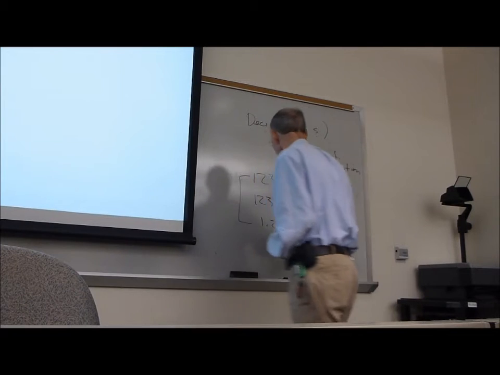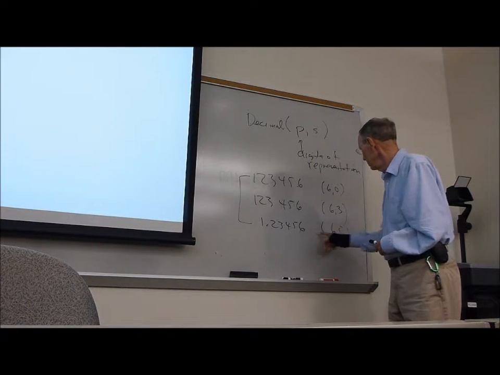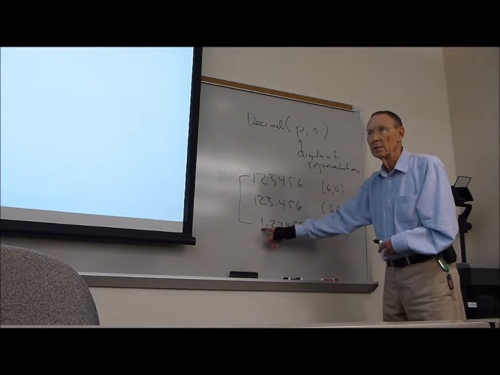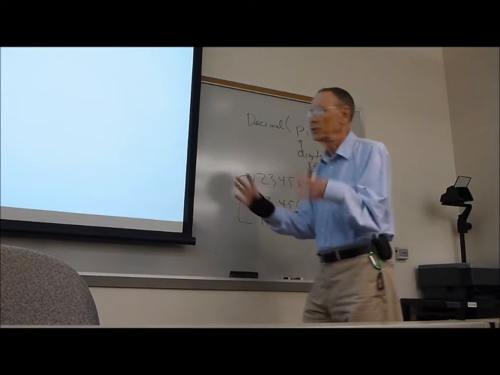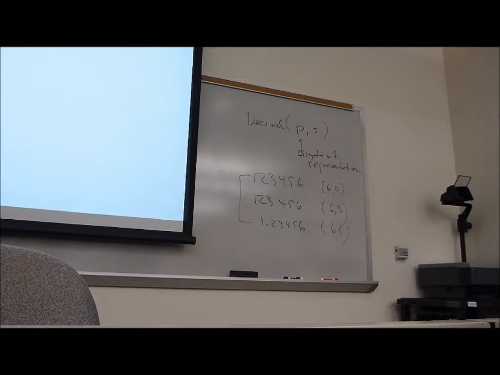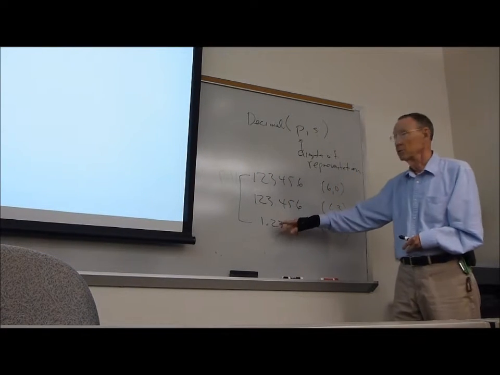No, it's not 7, because I've got 5 decimal places. If you did that, you're representing that as characters. We're not doing that. This is nothing but a symbolic representation here.